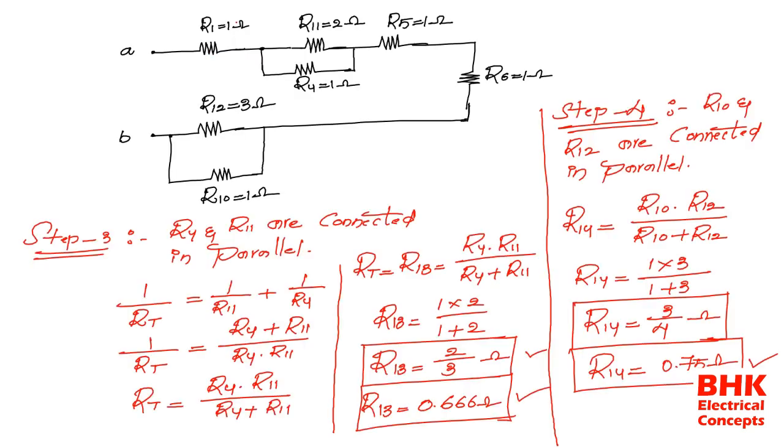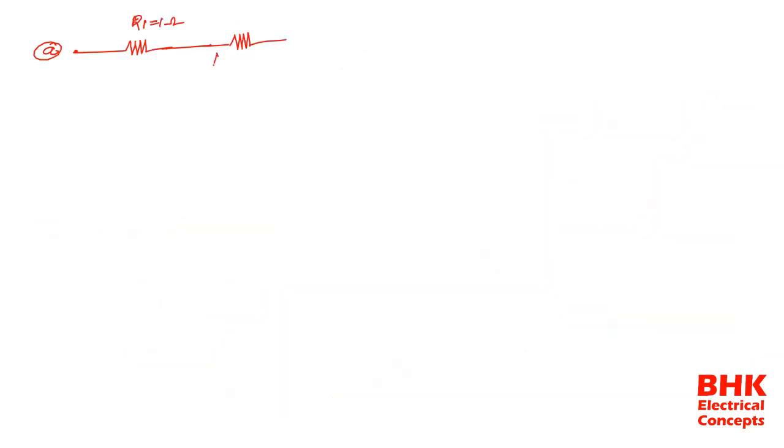Here, this is terminal A and we have the value of resistance, that one is R1, 1 ohm, and here another resistance, that is the value of what? R13, I think. Yes, this is the R13 value. So here R13 is equal to 0.666 ohms, and here the value of R5.